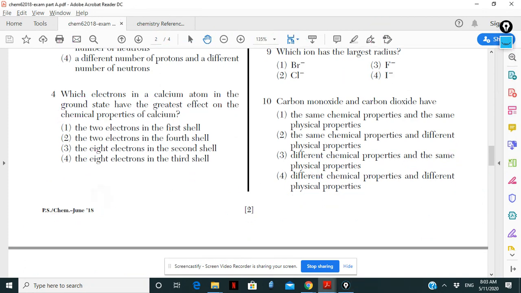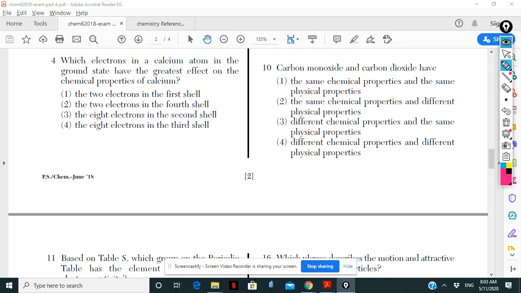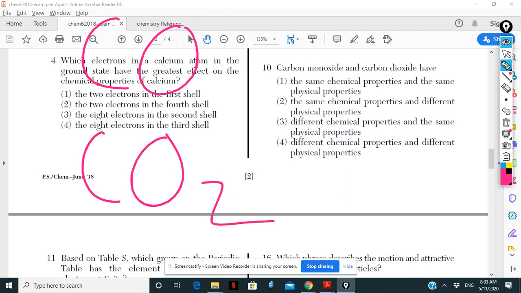Question number 10. Carbon monoxide and carbon dioxide. If you look, they have the same elements, but with different ratios. And for sure, since the ratios are different, they are different chemical compounds, so they are going to have different chemical characteristics. Do they have the same chemical properties and the same physical properties?